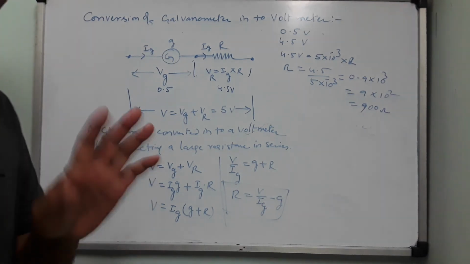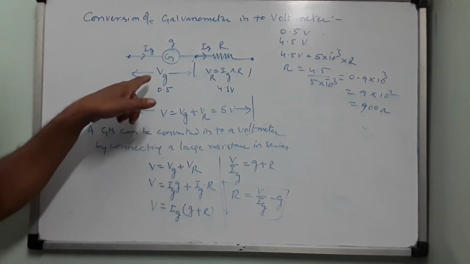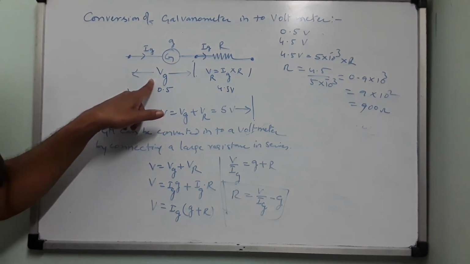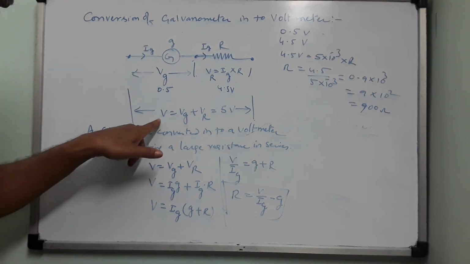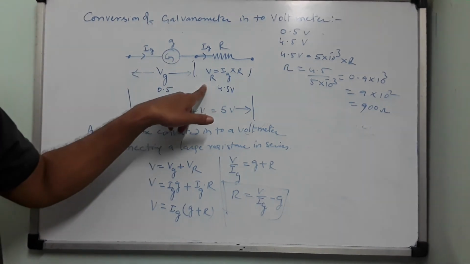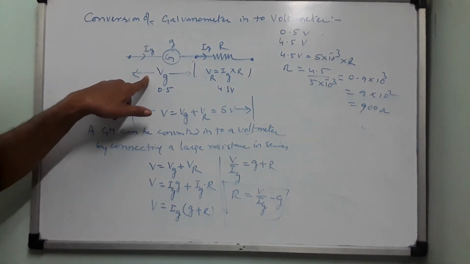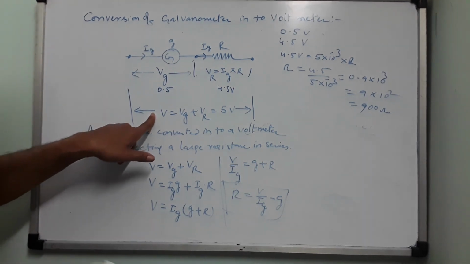Okay. So therefore my basic meter was measuring a potential difference Vg. I wanted to convert it into a voltmeter which can measure a potential difference V. Which was measuring Vg, now to be converted into a meter of V. How much resistance should I connect in series?